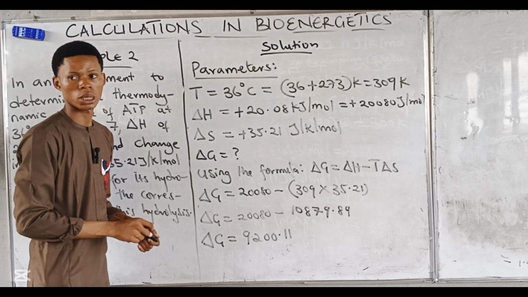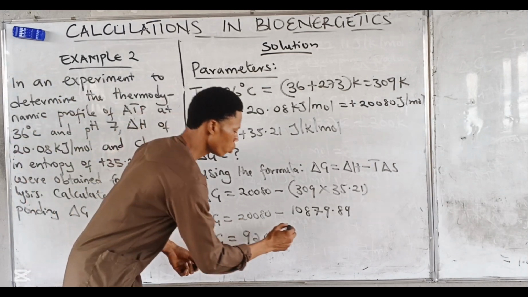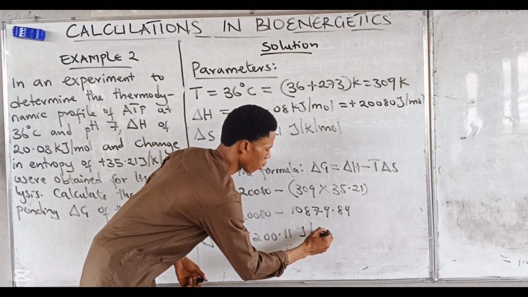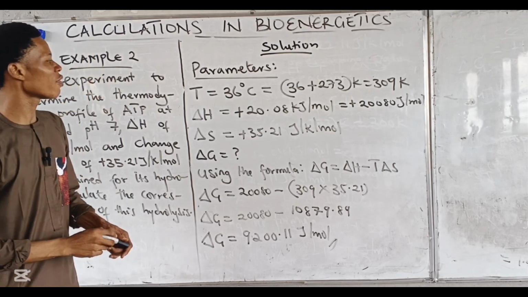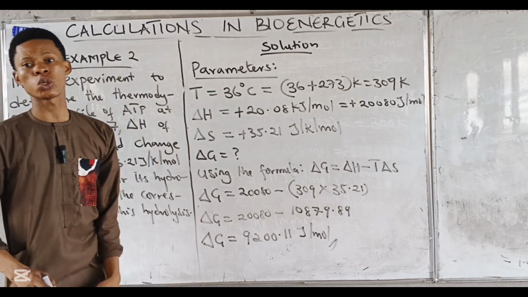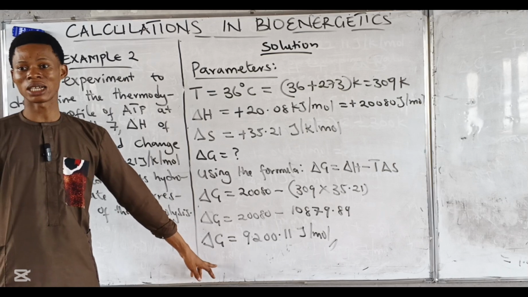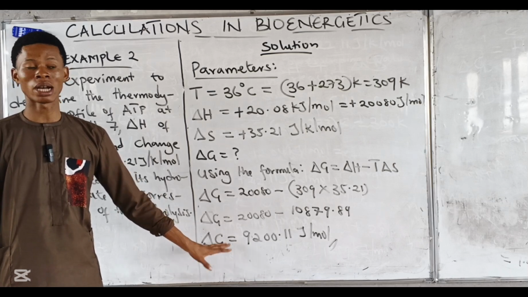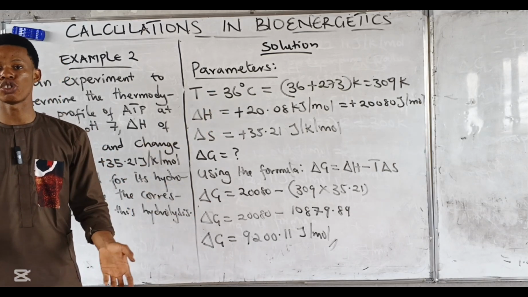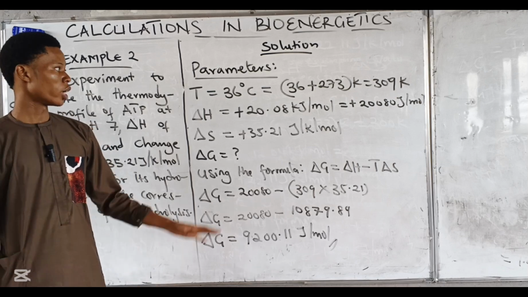Now what is the unit? Joules per mole. With this you observe everything, so your full mark will be given to you. It's not about getting the last answer. It's not the last answer that is marked. All these steps have marks. Any one you jump, you are jumping marks. All right, so write this down.